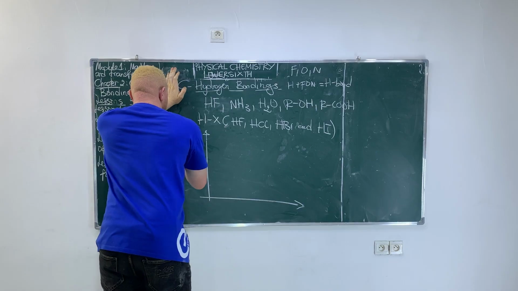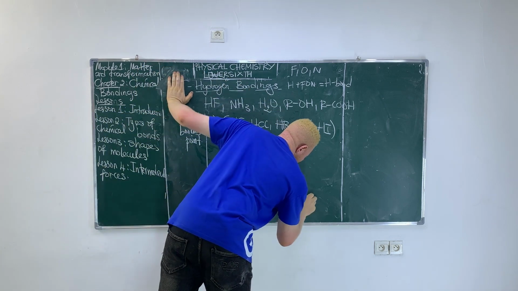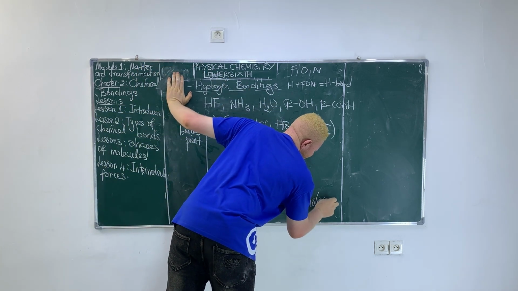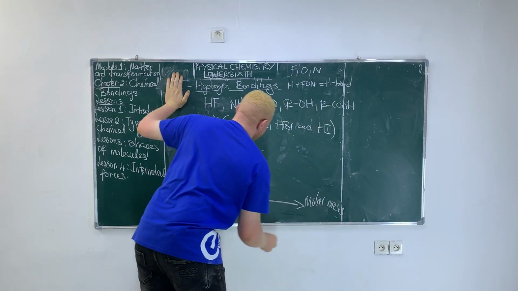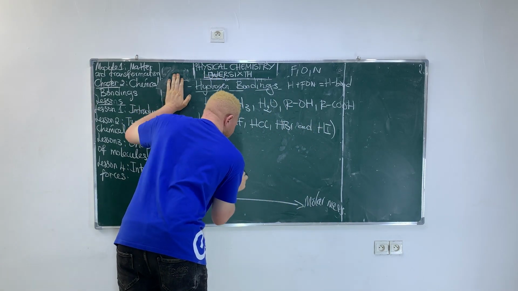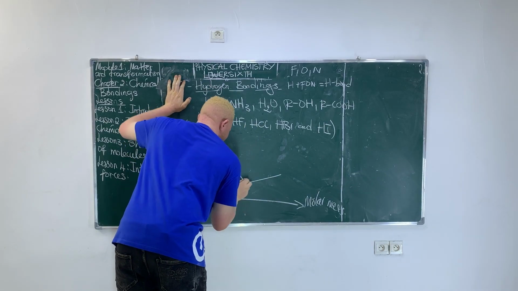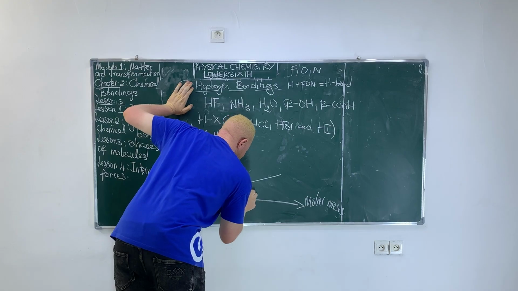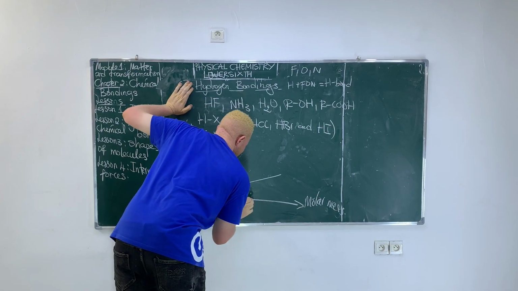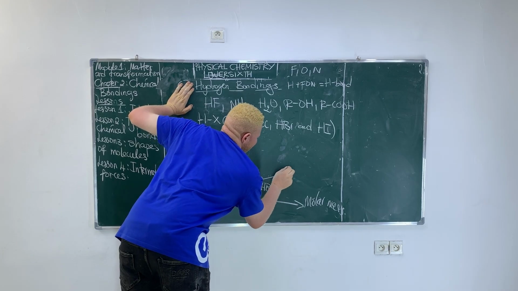So we have a graph of boiling point against the molar mass. From our graph, we observe hydrogen fluoride, hydrogen chloride, hydrogen bromide, hydrogen iodide.